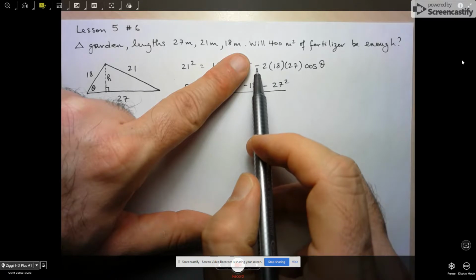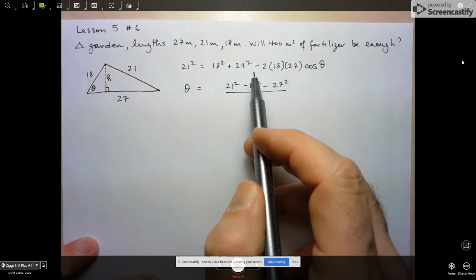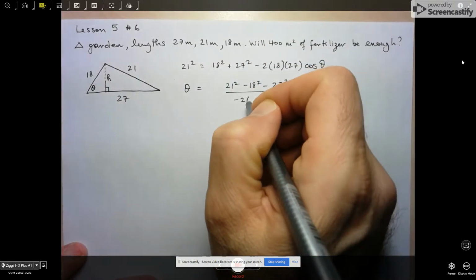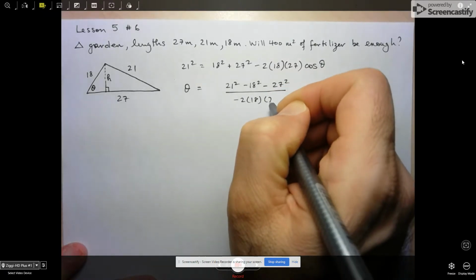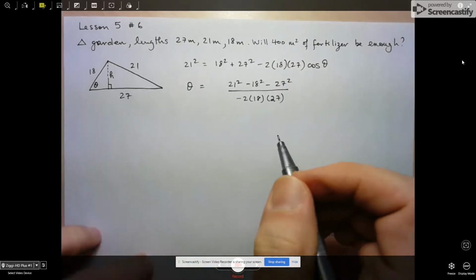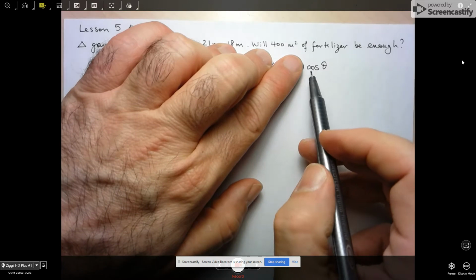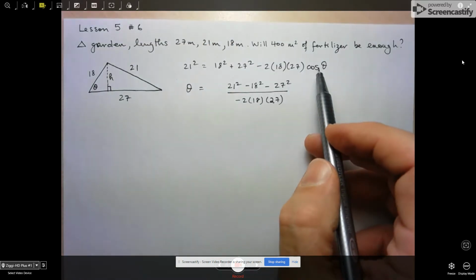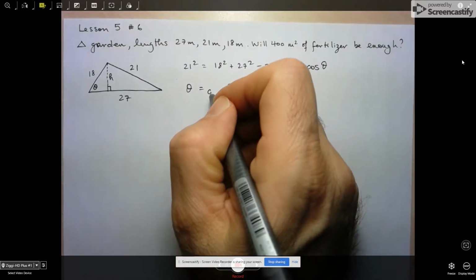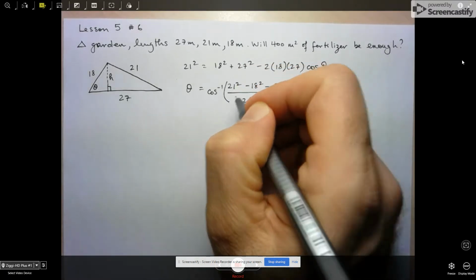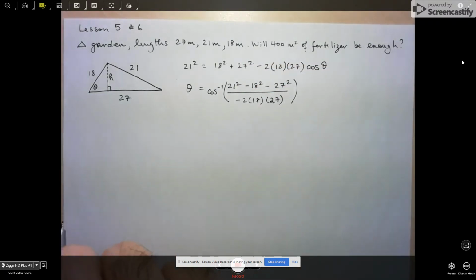And don't forget the negative here, it's still there. So now I'm going to divide both sides by -2 times 18 times 27. Okay, and then the last thing I'm going to be left with is cos theta. So I know that the opposite operation is just inverse cosine. All right, so there we go. In one shot, I was able to isolate for theta.